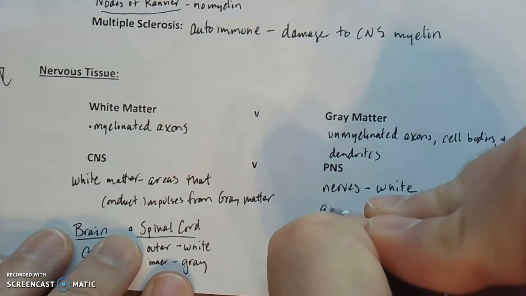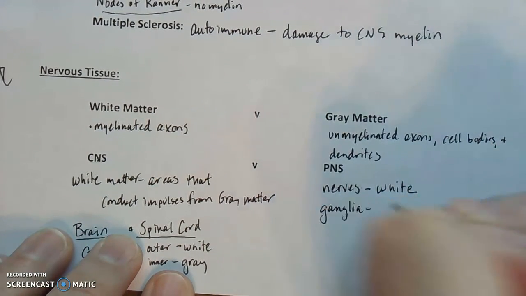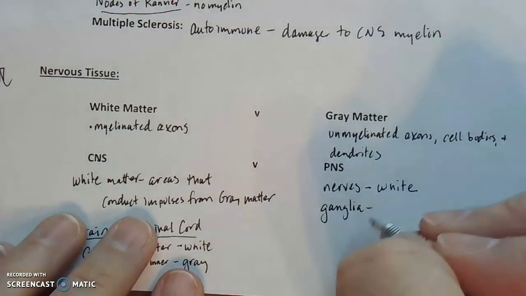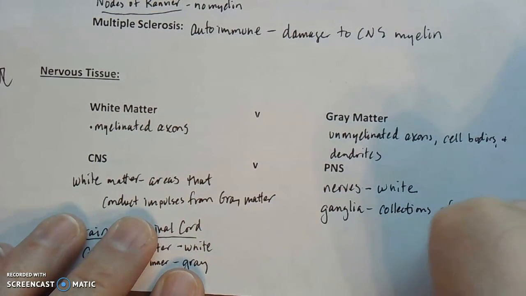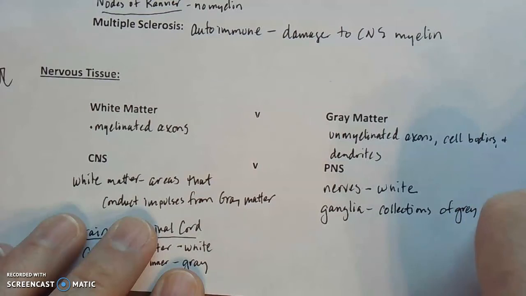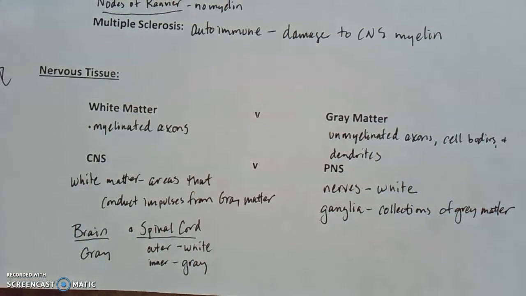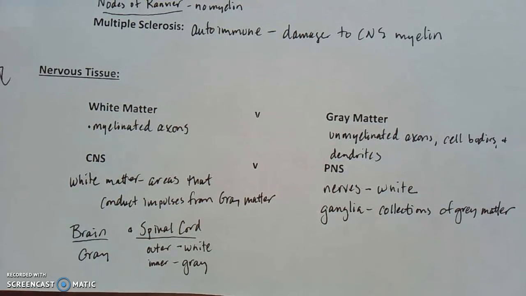And we have things called ganglia, which is a plural form of ganglion, which are small collections of gray matter. So white and gray matter is seen in both the central and peripheral nervous systems in different areas.